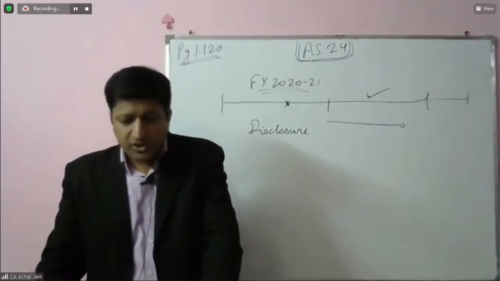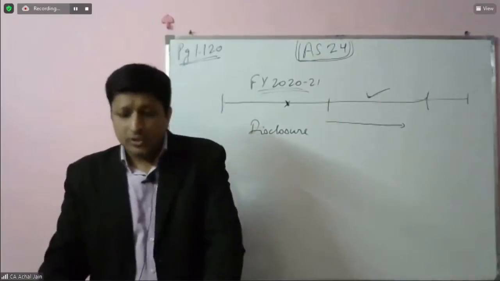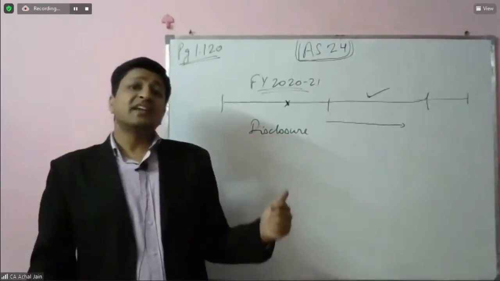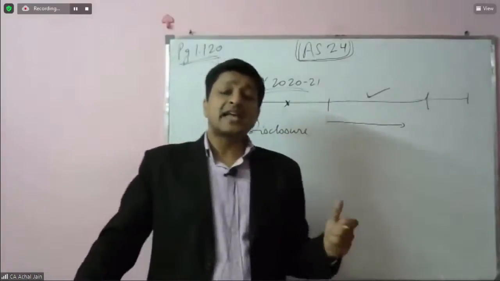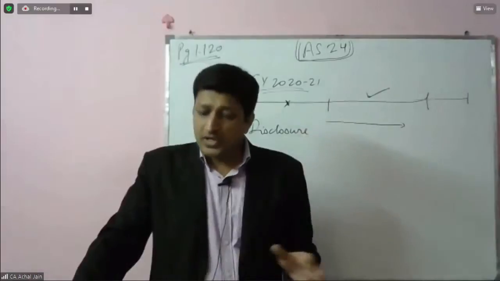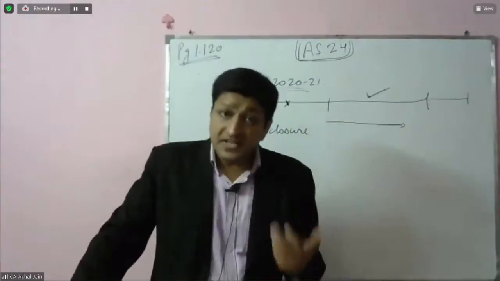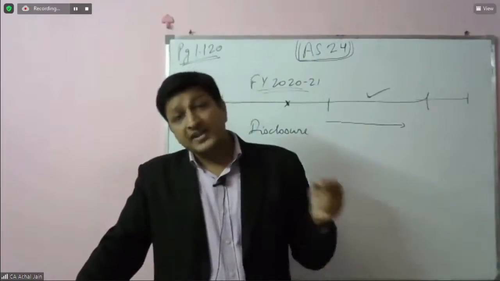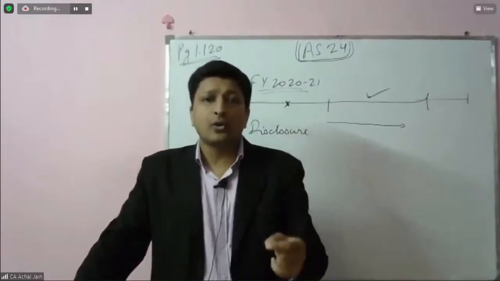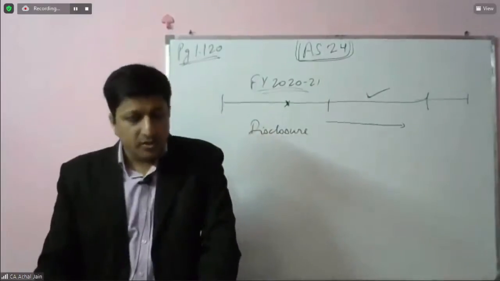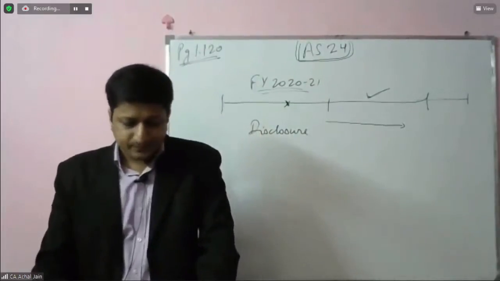In such a situation, the disclosure should be given that what was previously disclosed as a discontinuing operation is no longer discontinuing. The reason for the same, as to why this change is taking place, and its effect, means its impact on the financial statements, should be disclosed.